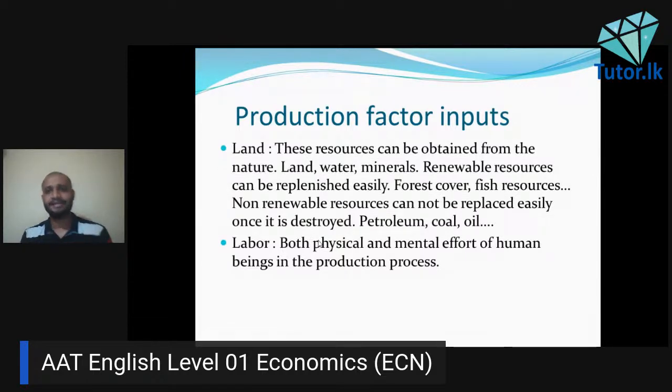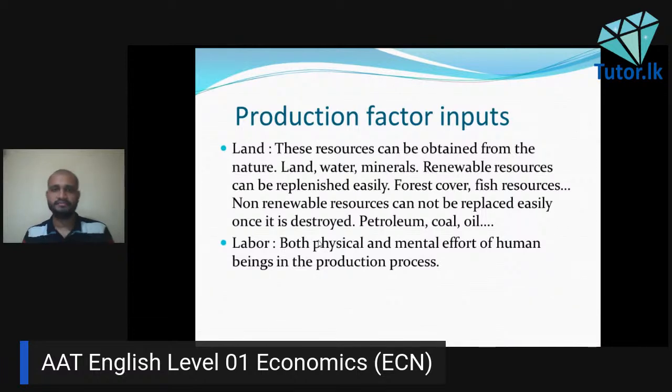On the other hand, renewable resources mean once you utilize it, again you can easily replace it. Let's say you are taking water from a well. If you take 1,000 liters, then again in a few minutes you will get 1,000 liters again. So it is not limited in supply. Renewable resources can be replenished very easily.